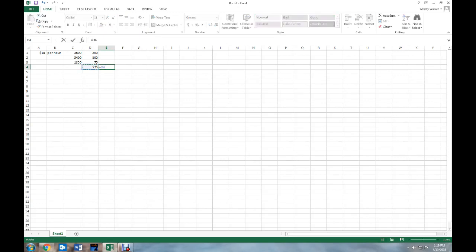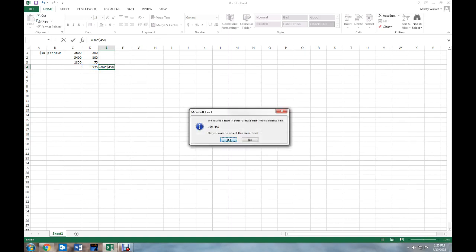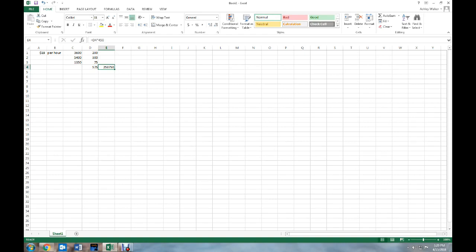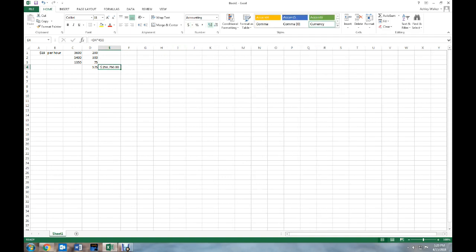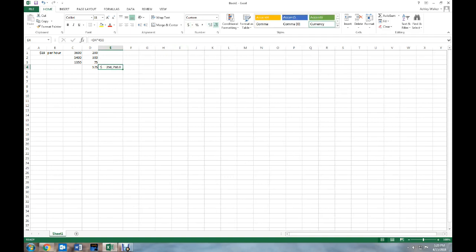So if we multiply that by $450 per direct labor hour, we know that we had $258,750 in overhead. So this is our applied overhead. Let's go ahead and make that a number. Get rid of those pesky decimals.